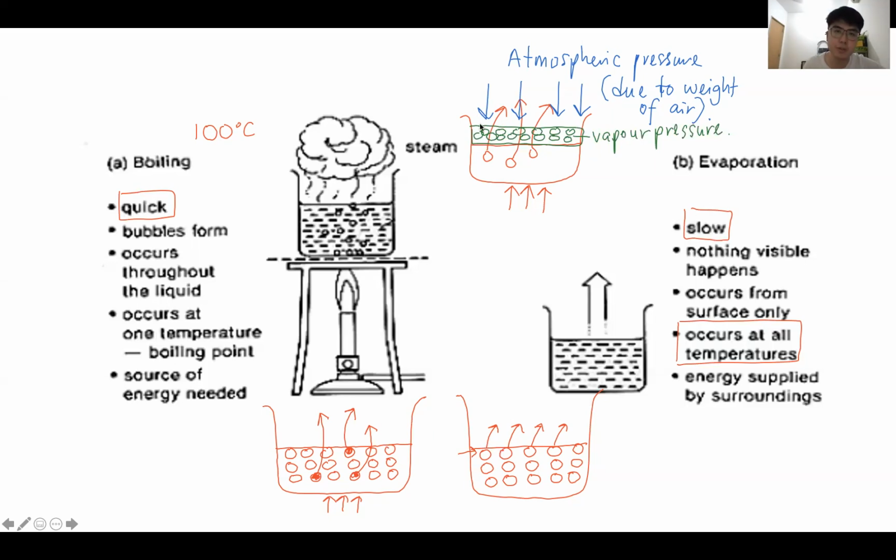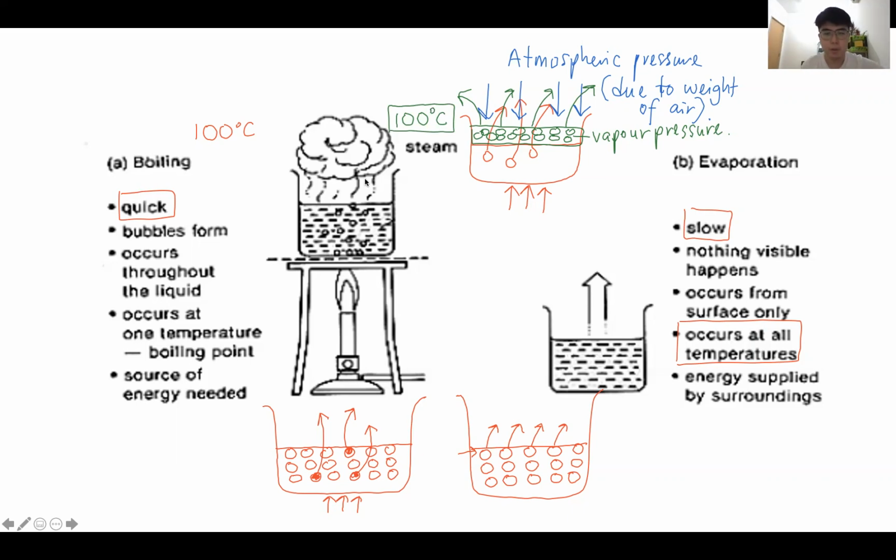Then particles can start to leave the surface and go into the air. So that is what happens at the 100 degree Celsius boiling point. That is for pure water.